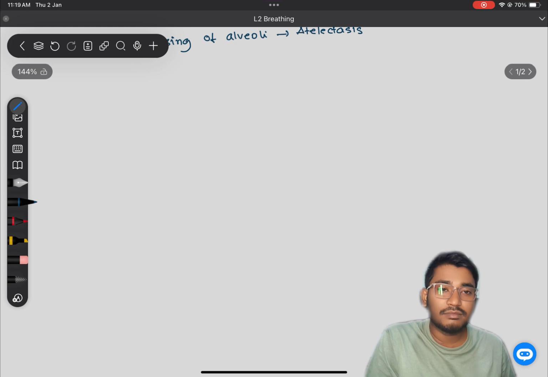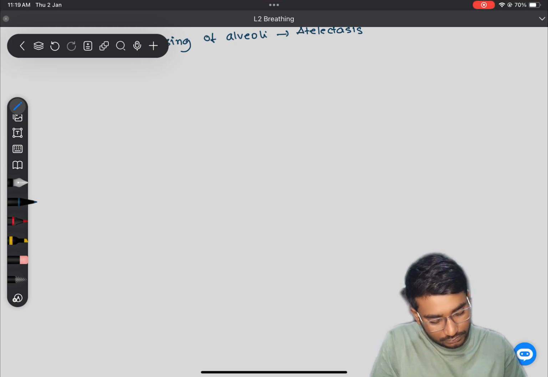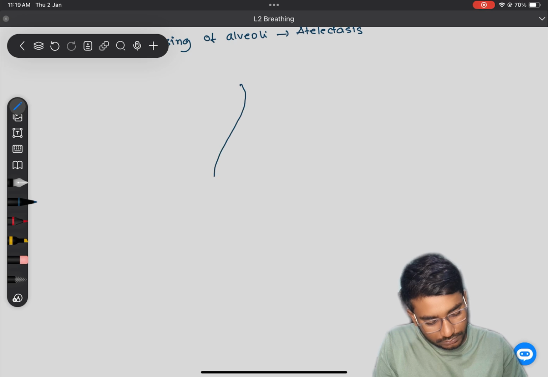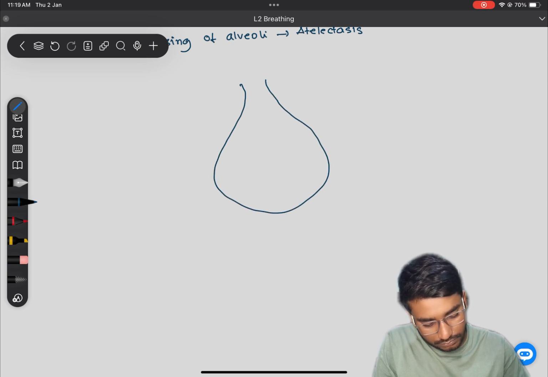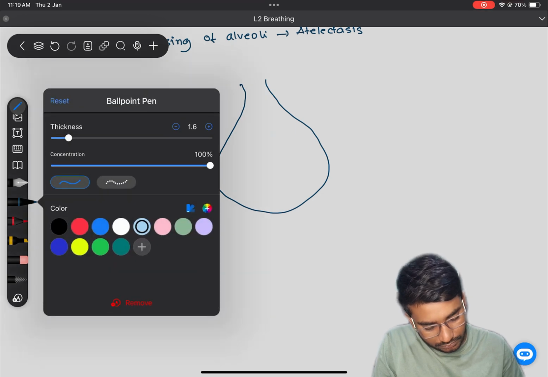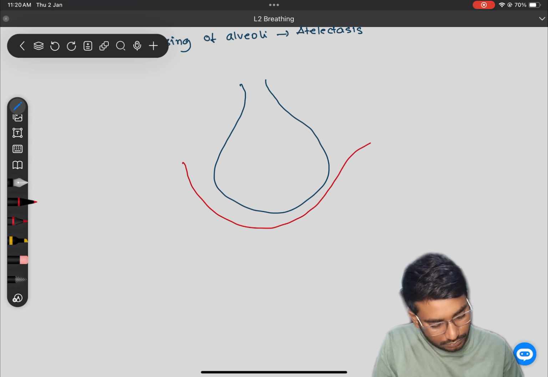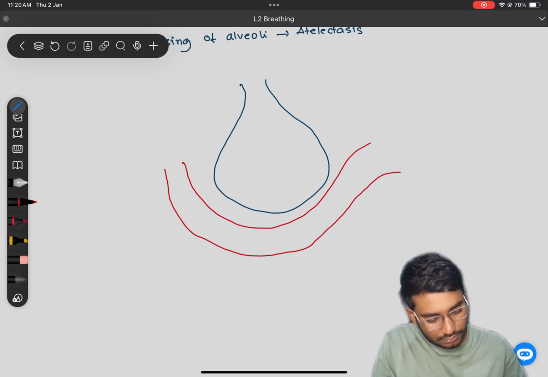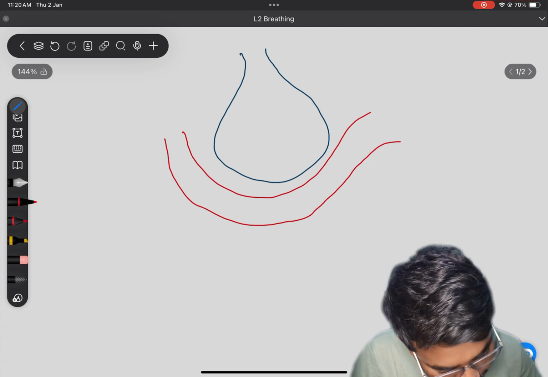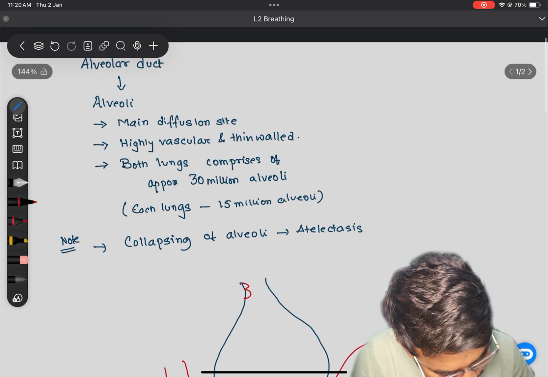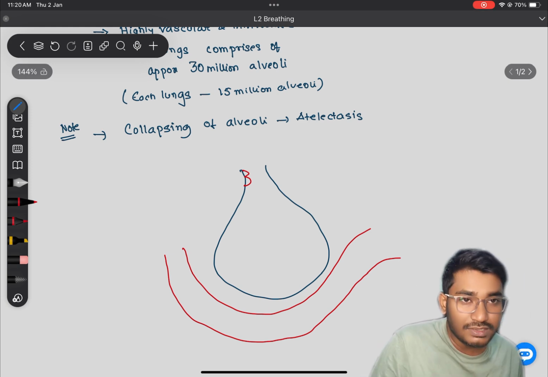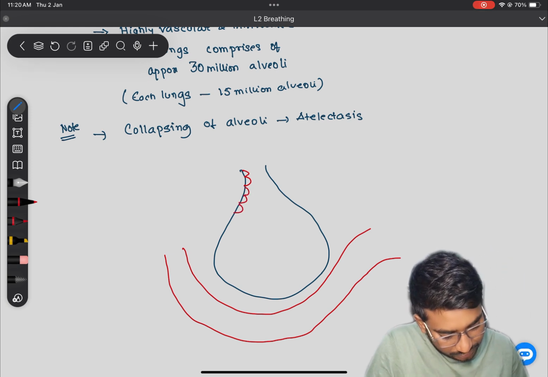Okay, now I am drawing a simple diagram of an alveoli. Now these are the simple squamous epithelium, drawing with red color.